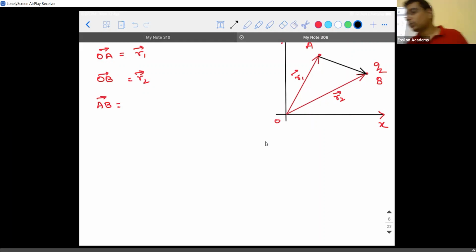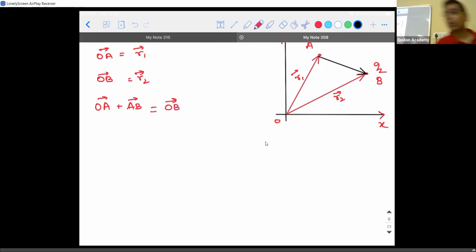OB vector. So guys, are you able to understand what I am trying to say? OA vector plus AB vector is equal to OB vector. Means my objective is to go from O to B. I can go from O directly to B, or from O to A and then from A to B, right?